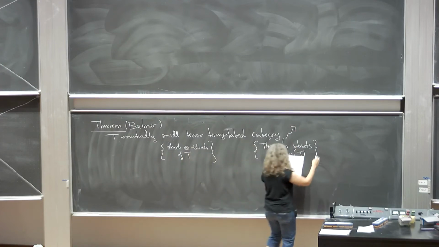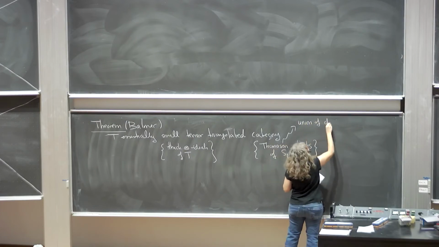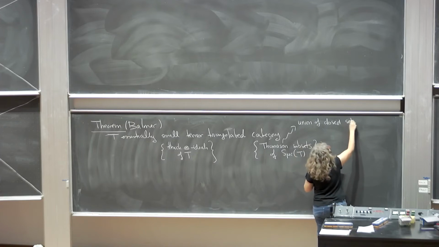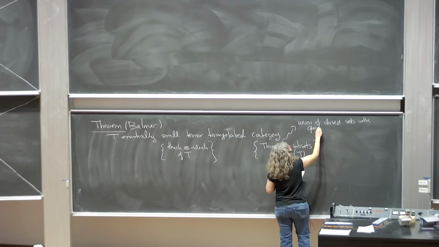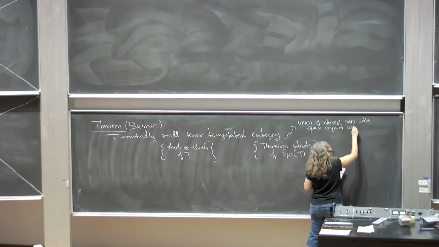A Thomason subset is a union of closed sets with quasi-compact complement.